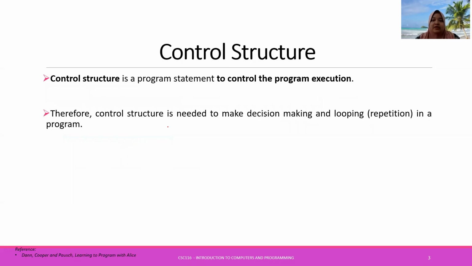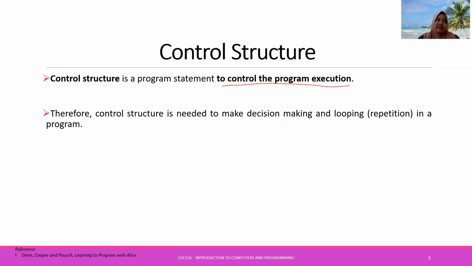Okay guys, next, what does it mean about control structure? Control structure is a program statement to control the program execution. In CSC 1 to 6, you have learned about control structure. How many control structures do we have? We have 3. First is the sequence control structure.